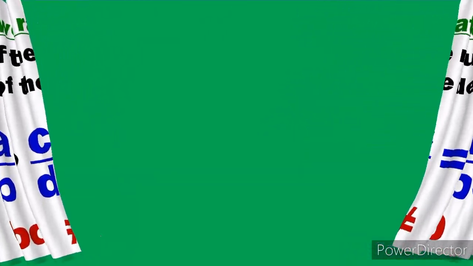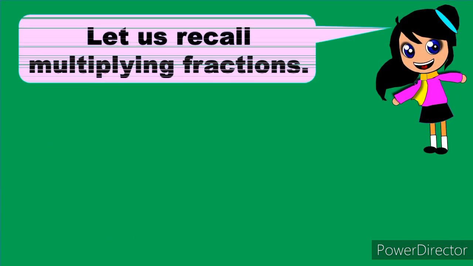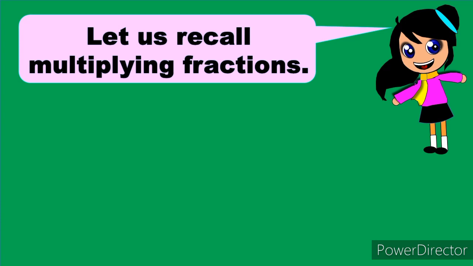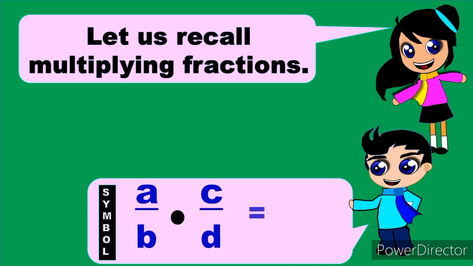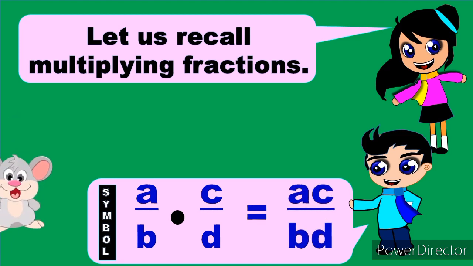Okay, before we start multiplying rational algebraic expressions, let us recall multiplying fractions. In symbol, we have A over B times C over D equals AC over BD.